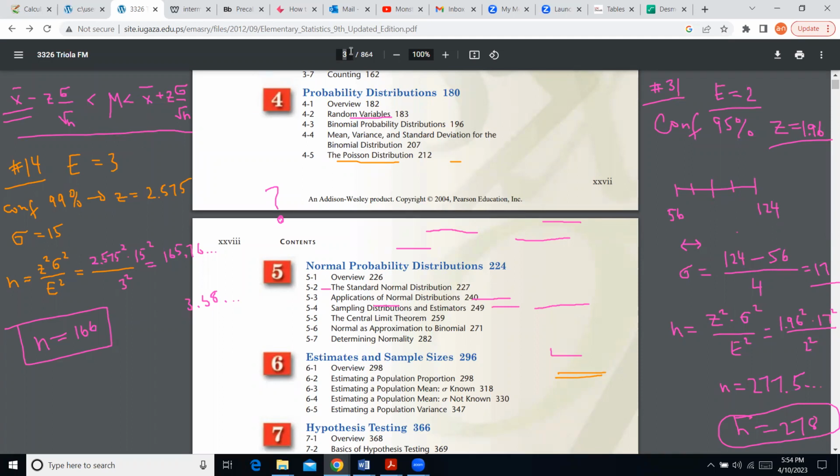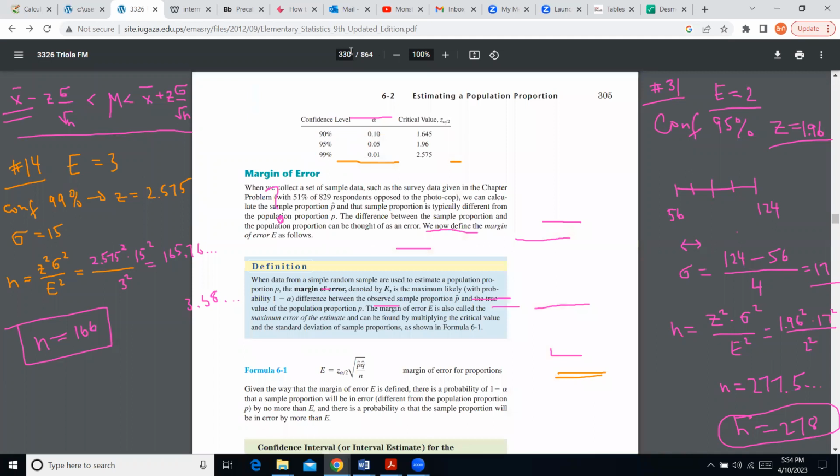That also gives us an analogous formula here for the error, but in a case when you have the proportion.